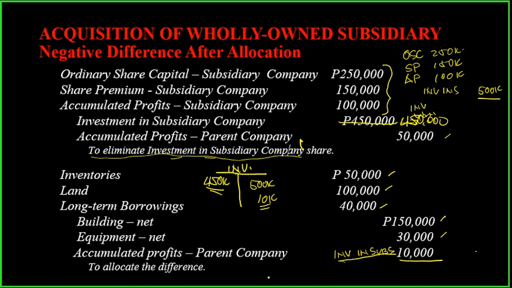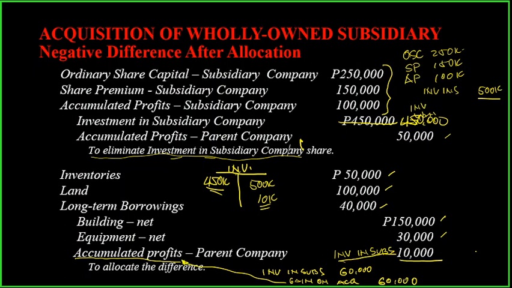So, you have one more entry. That is now a debit to your investment in subsidiary which is 60,000 and credit to gain on acquisition, amounting to 60,000. But in this case, instead of using the gain on acquisition, we are going to use the accumulated profits because it will go to your retained earnings.